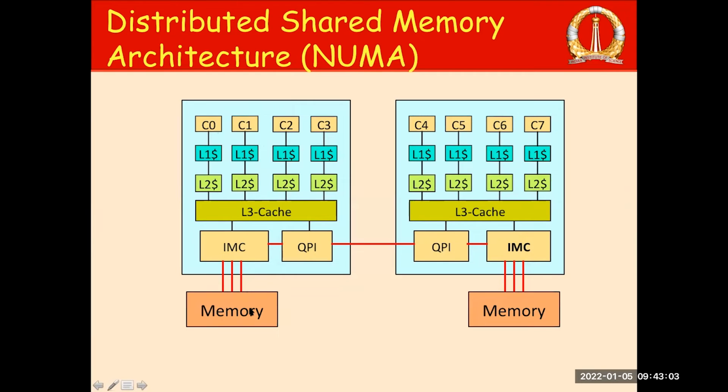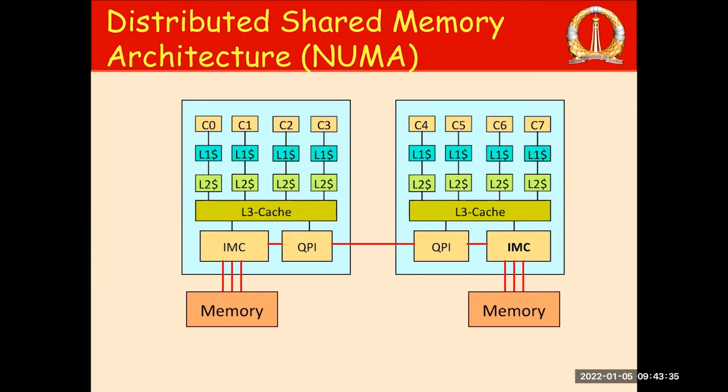But if this core wants to access the data in this memory, then it has to go through this interconnect network, which is the QuickPath Interconnect in this case, and then go to the memory controller in the other socket and access the data from that. Now you can see that the memory access time is non-uniform, and vice versa for this particular socket. This represents what is called a distributed shared memory architecture.